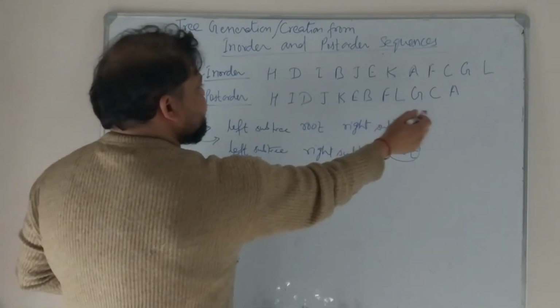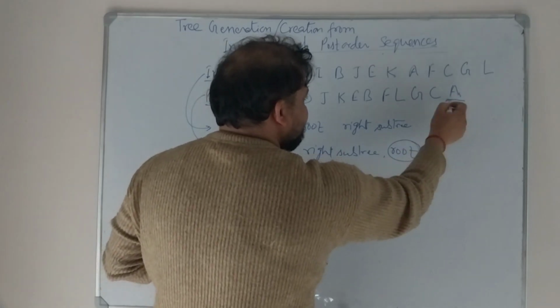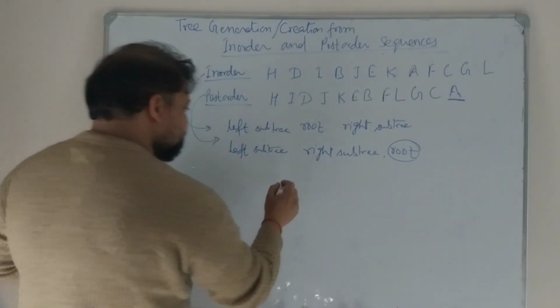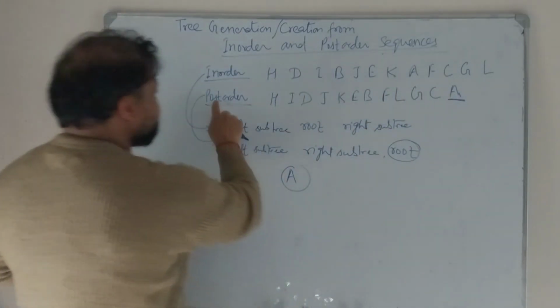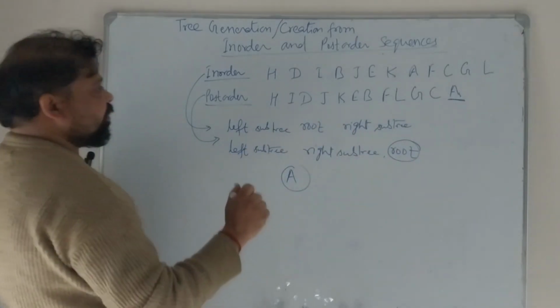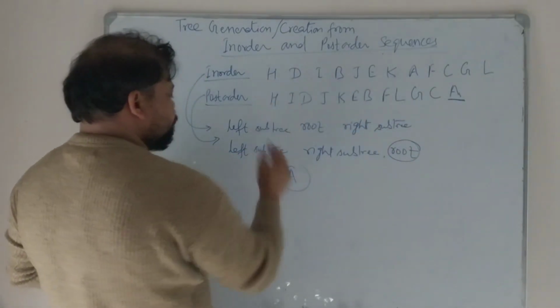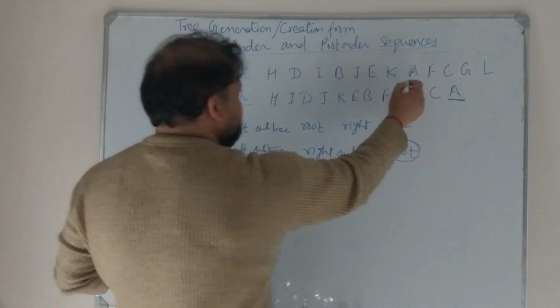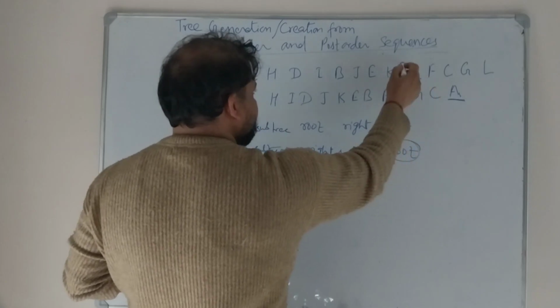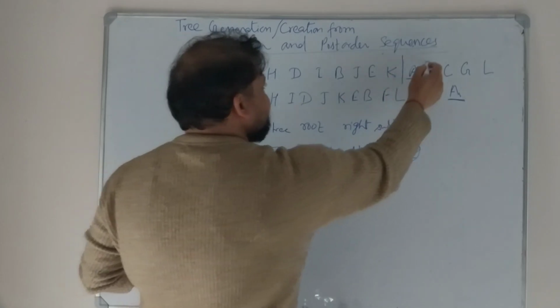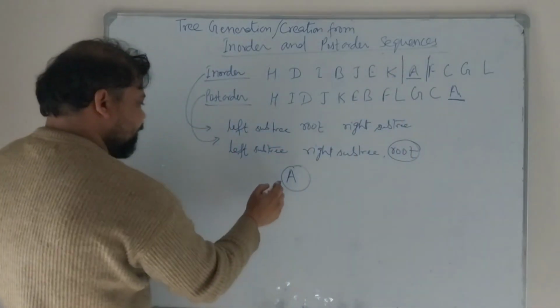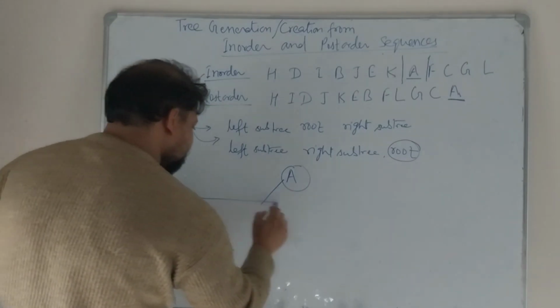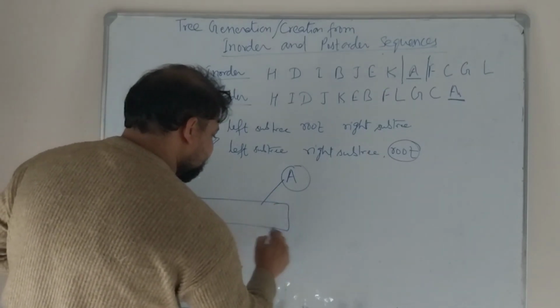See here, I'm taking this A as the root because it is last in the post-order. Now I'll find the position of this A in the in-order just to split the sequence into two parts. So here it is splitting, into the left subtree and the right subtree.